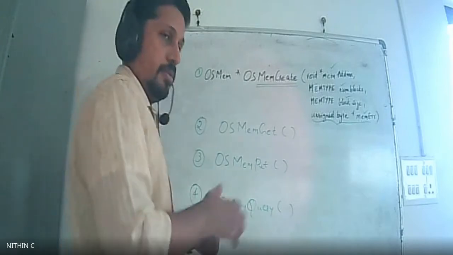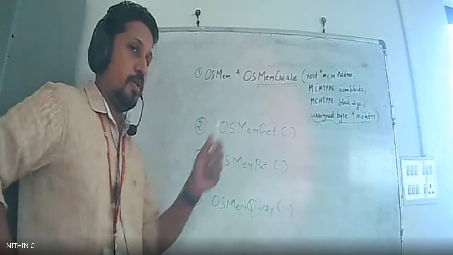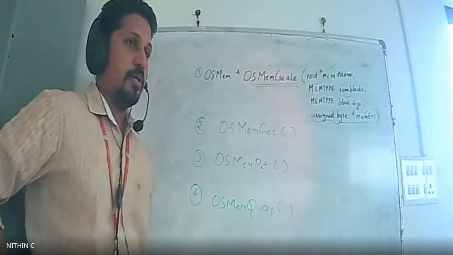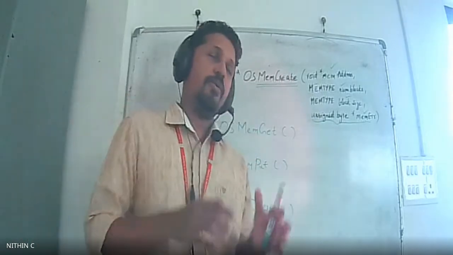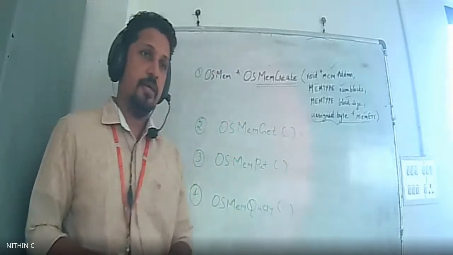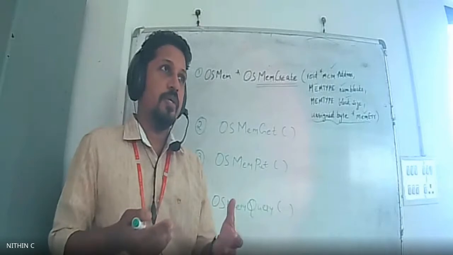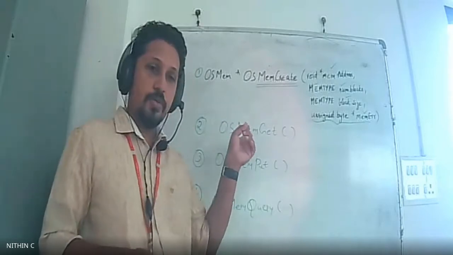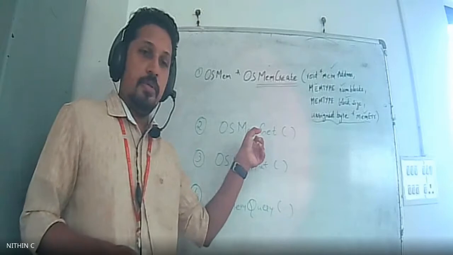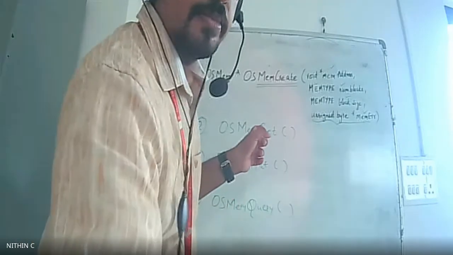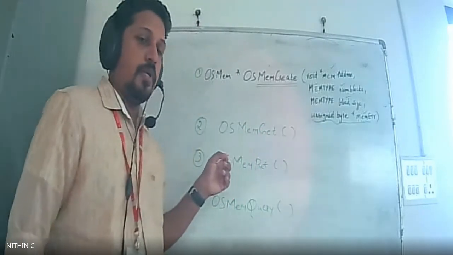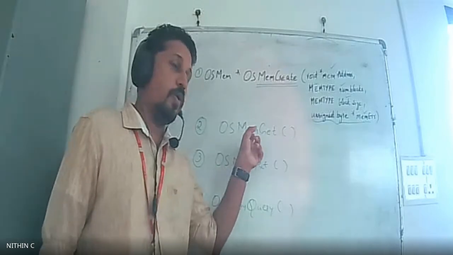This OS memory get function is actually used once you have created the memory blocks. Suppose an application that you use requires a particular block or requires access to a particular block, then you can make use of this function, that is OS memory get.